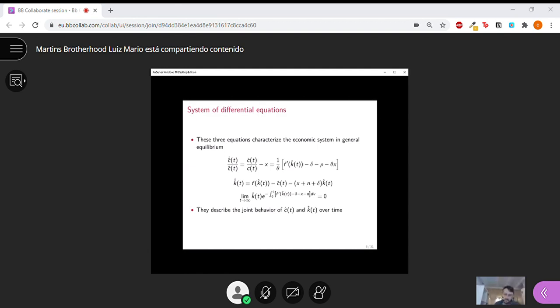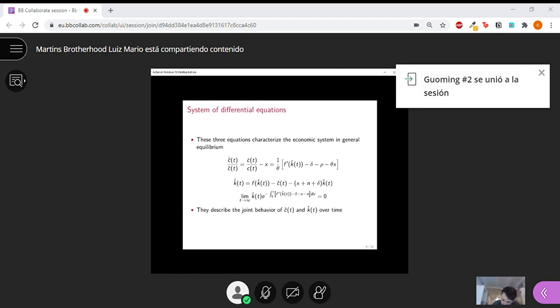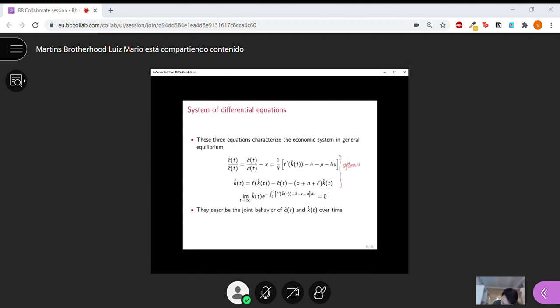So these two here are a system of differential equations. And this is not a differential equation because we don't have the derivative of some variable with respect to time here. So this is just a condition. This is the transversality condition.